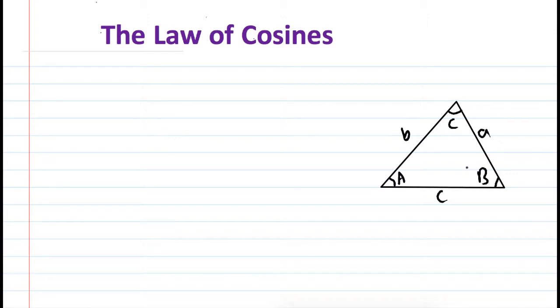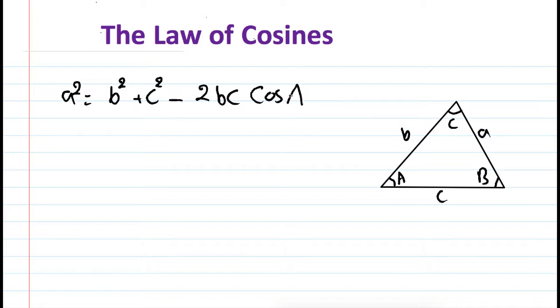So the law of cosines says that if I want to find the length of A, then A squared will equal the other two sides squared and then summed. So it will equal B squared added to C squared, and then minus 2 times BC, and then cosine of the angle that is opposite to A, which is cosine of A capital.